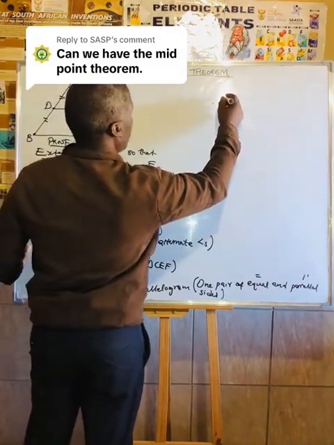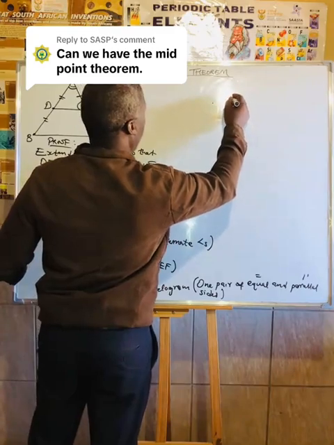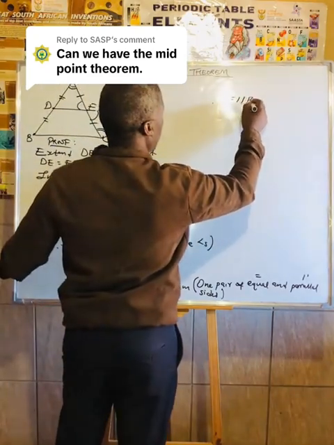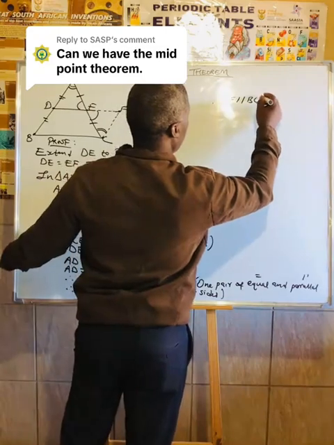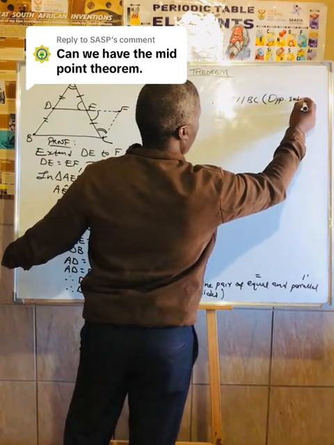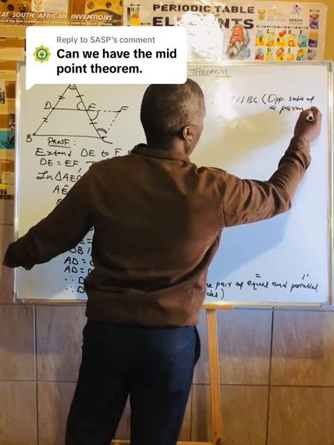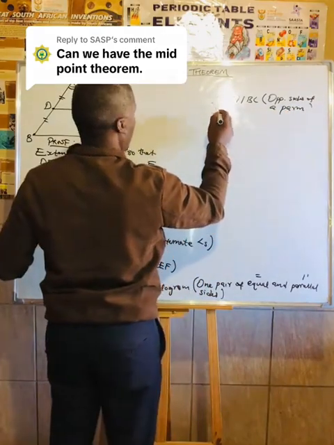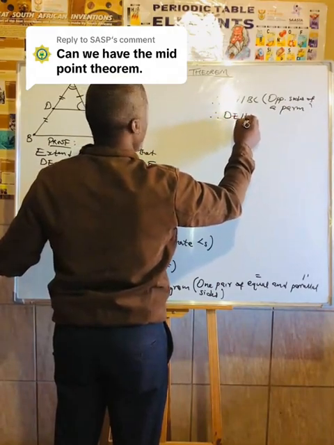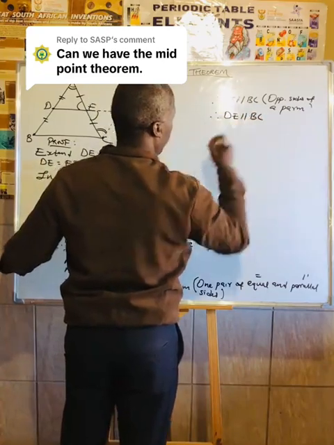Therefore, DEF is parallel to BC. Opposite sides of a parallelogram. Therefore, DE is parallel to BC.